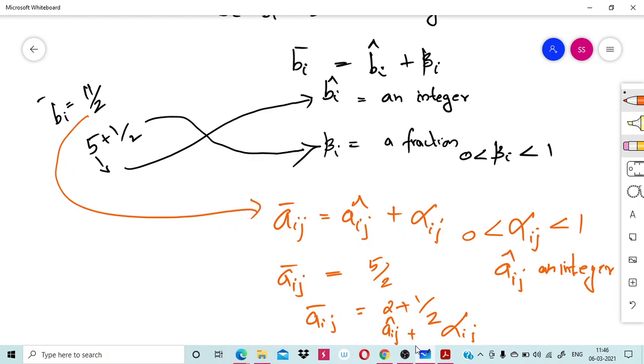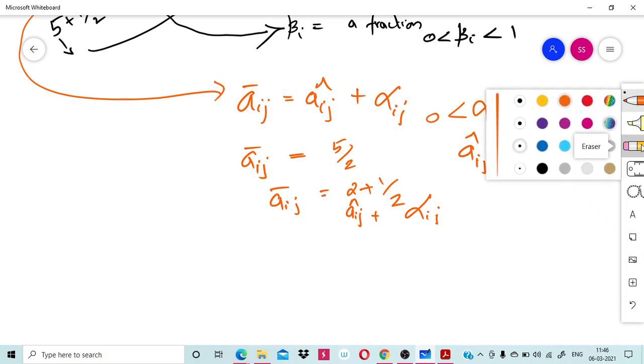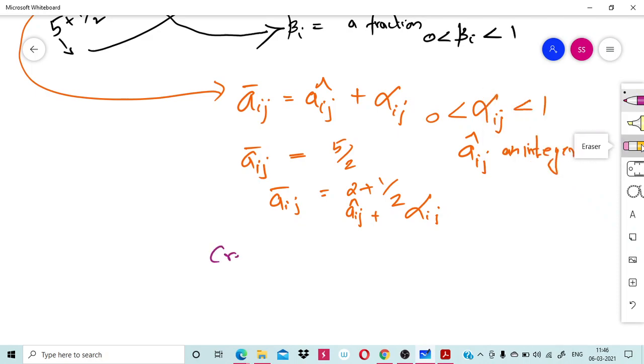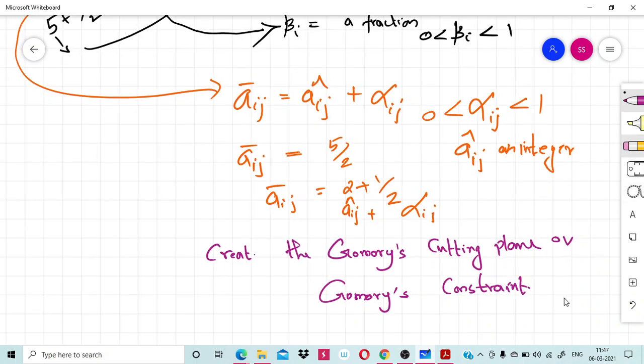Our aim is to create the Gomory's cutting plane, or Gomory's constraint. So our aim is that.